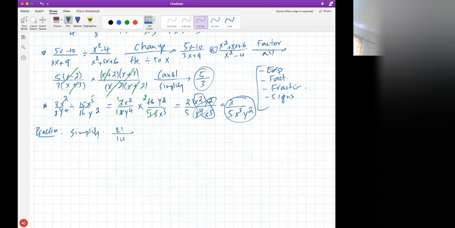21, 14, x. Okay, so to simplify this again, this is something we have seen a while ago with the exponents.